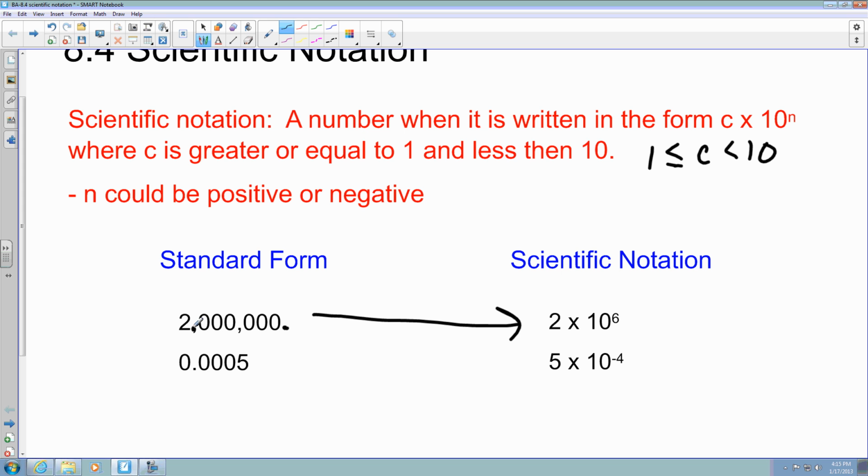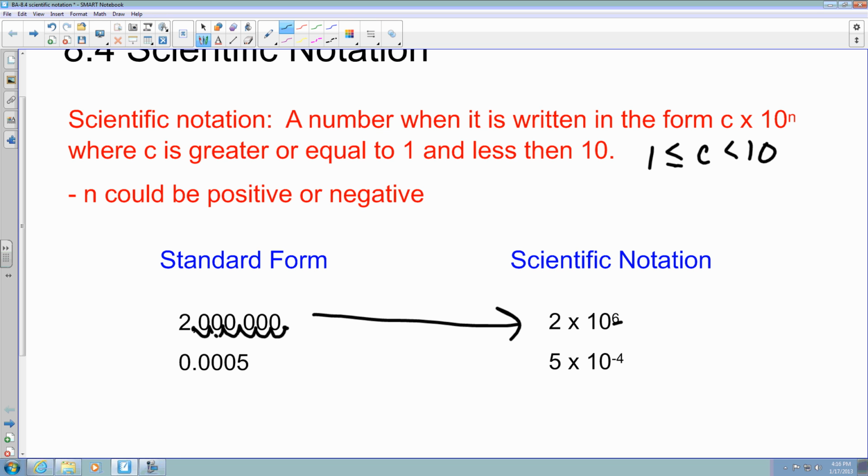And so I count: 1, 2, 3, 4, 5, 6. Since I counted 6 times, it's 2 times 10 to the 6th power. That's where that 6 comes in. And any value in standard form that is larger than 1 has a positive exponent on the 10.